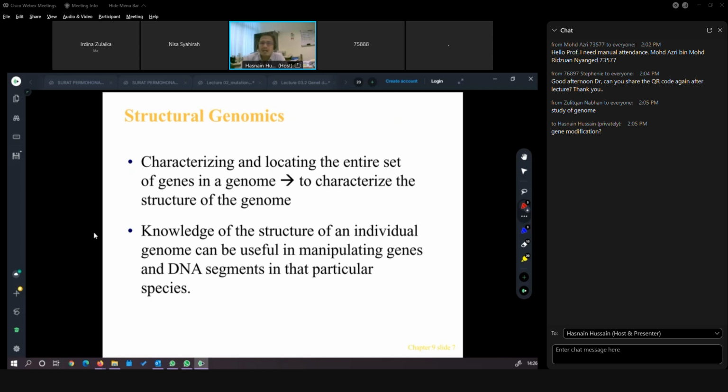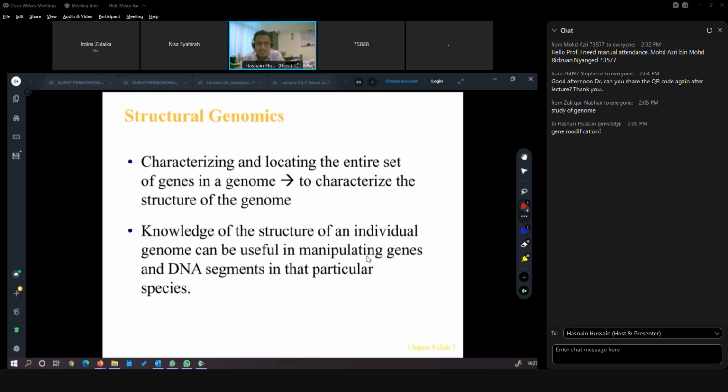Knowledge and structure of an individual genome can be useful in manipulating genes and DNA segments in that particular species. Here we are specifically not referring to the human genome, because for the human genome it is unethical to do any manipulation of our genes. But in plants or microbes, for example, we want to study how to have the bacteria produce more hydrogen, because we want to go towards green technology, a car using hydrogen as fuel.